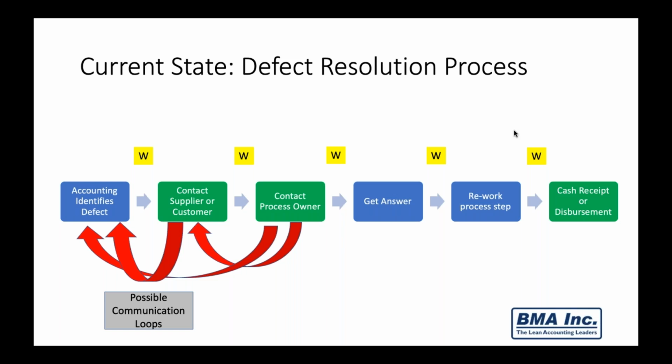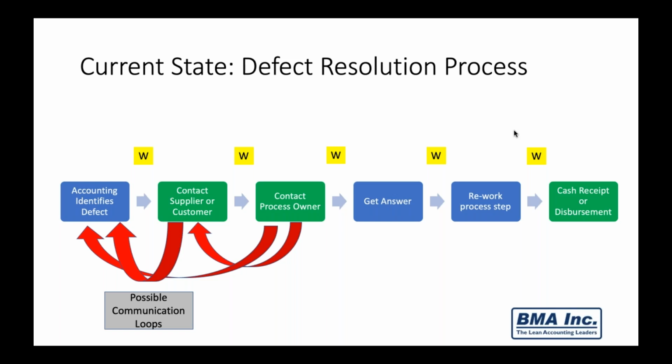A typical conversation. What was interesting is that the theme behind all this complaining was really about defect resolution. Accounting had a question about a purchase order or about an invoice, and they went to purchasing and said, "Oh, we need some help," but they didn't go personally. They sent an email, and then they waited for purchasing to respond.